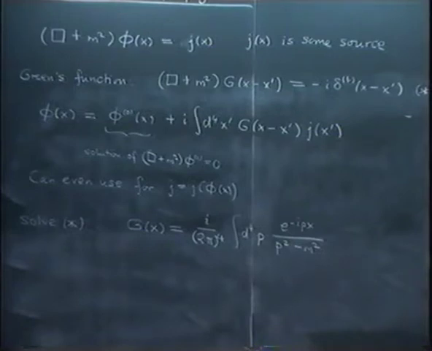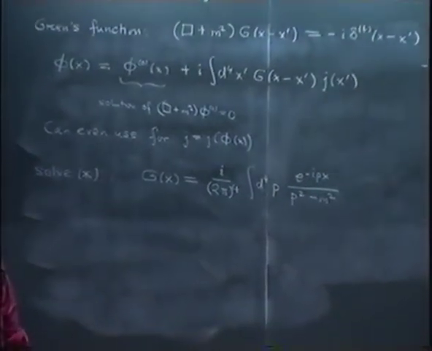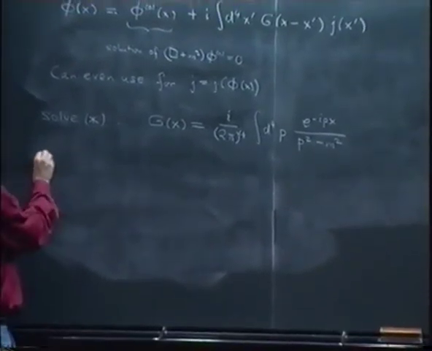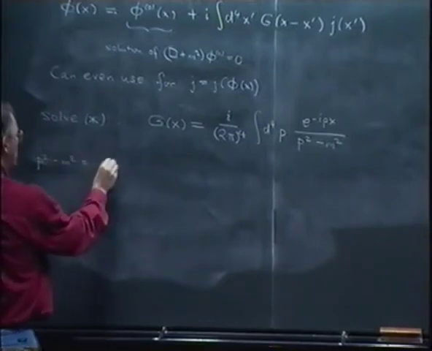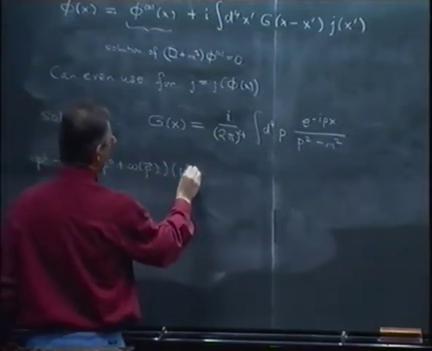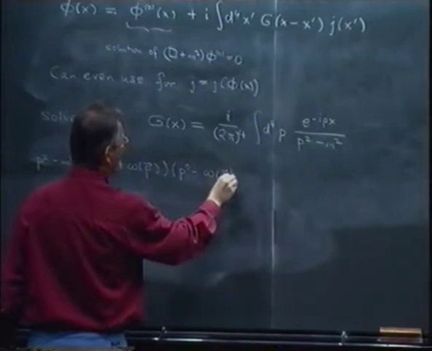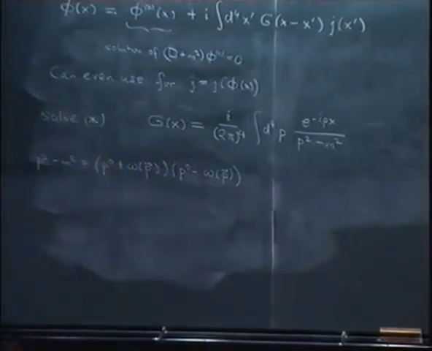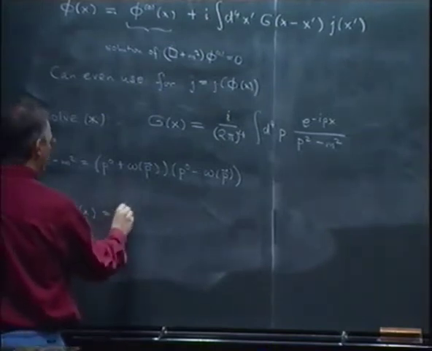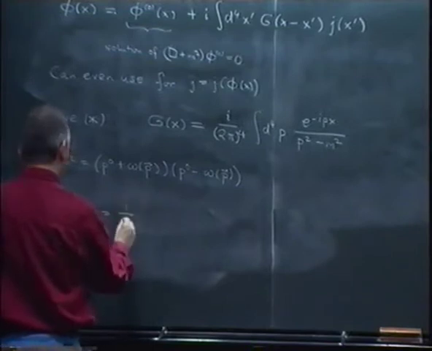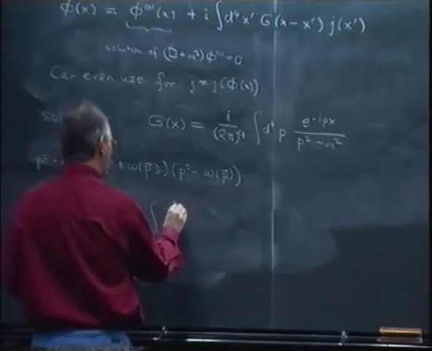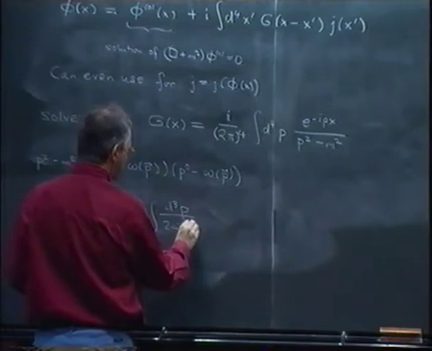Well, this is some integral which we can actually solve. But we still have to specify something, because we can write p squared minus m squared as (p0 plus omega of p) times (p0 minus omega of p). And then you can rewrite this as g of x equal to 1 over (2 pi)^3, d^3p divided by 2 omega of p.